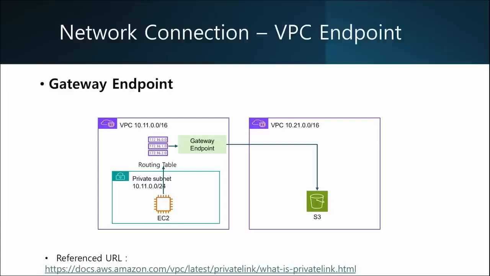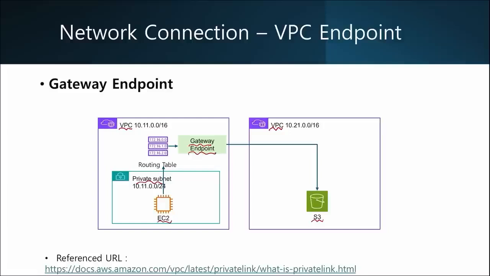First, this is the gateway endpoint I mentioned earlier. There are two different VPCs. These VPCs are inside the AWS network. I want to have an EC2 in a private subnet access S3 in another VPC. The gateway endpoint is used in this situation.